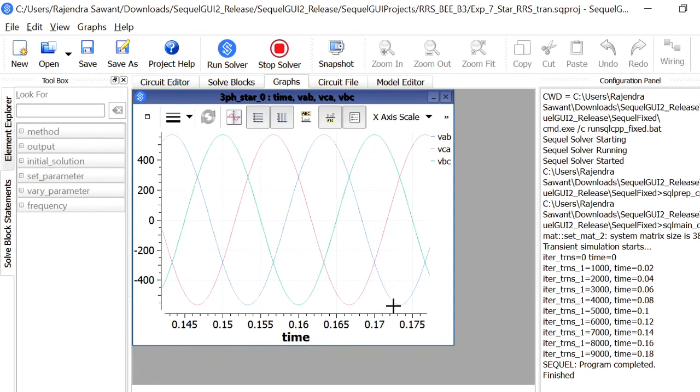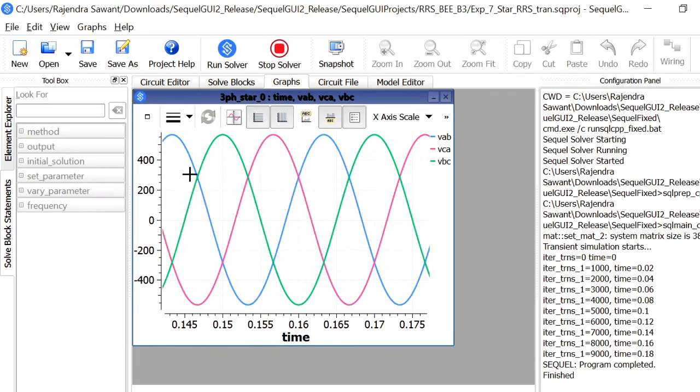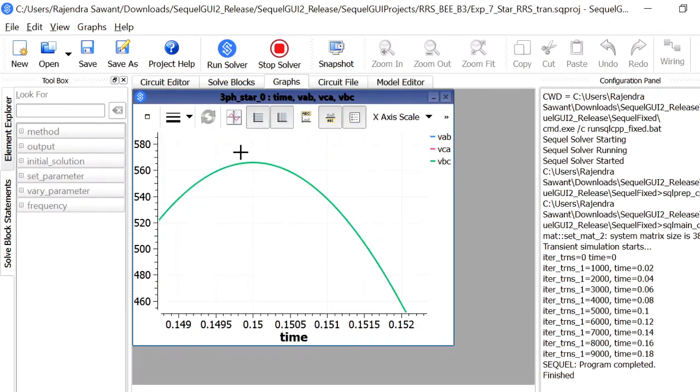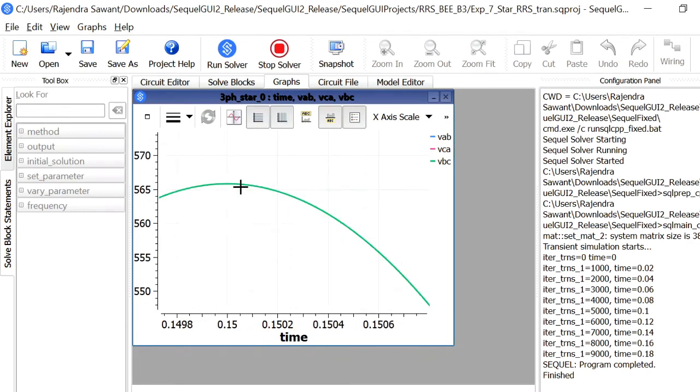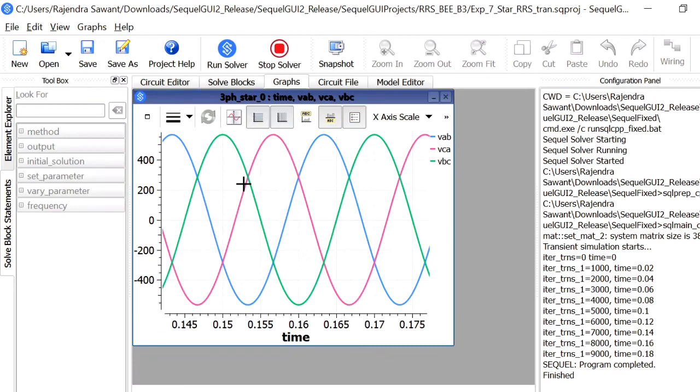Here we get three balanced line voltages which have an amplitude root 3 times greater than the phase voltage amplitude. This is around 566, because it's a peak value. How has it come? This is basically 400 into root 2, which is 566. 400 is the line voltage RMS value.